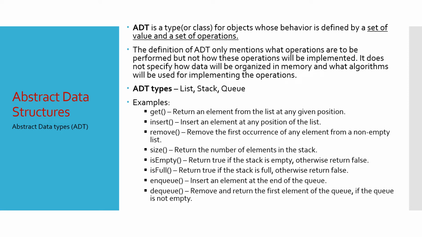If you use a get command and give a position in it or a variable in it, it knows that it has to return an element from a list at any given position. We are going to see more examples of list later, and that will give you more clarity.